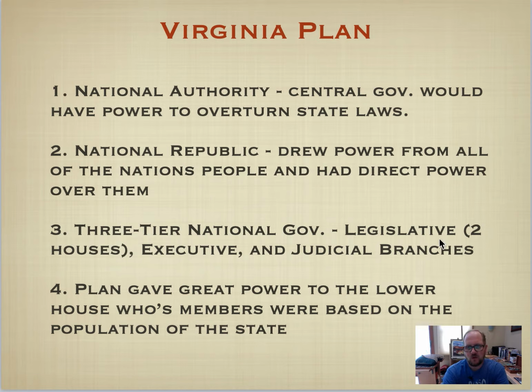At the very start, though, they wanted most of the power to be given to the populous states, the states like Virginia, New York, and the larger states. Their plan gave them basically this lower house, with huge amounts of power based off their population. Obviously this was not going to fly with all of the smaller states.